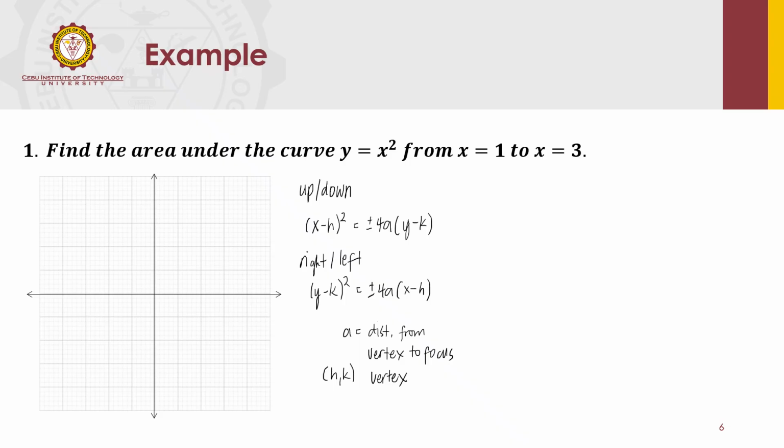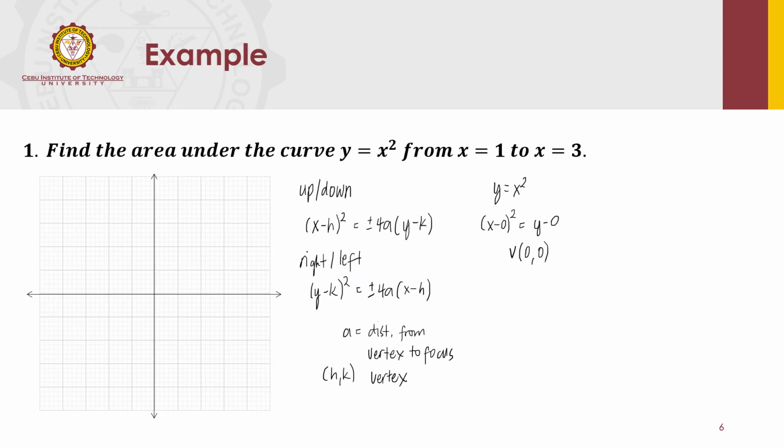So let's transform that y equals x squared into standard form. So it's going to be x minus 0 quantity squared. There's no x term, so h is 0. And then that's y minus 0. So there's no constant term, so the k value is 0, meaning the vertex of the parabola is at 0, 0, or at the origin.